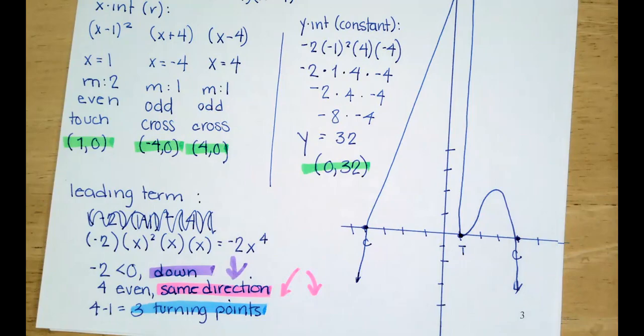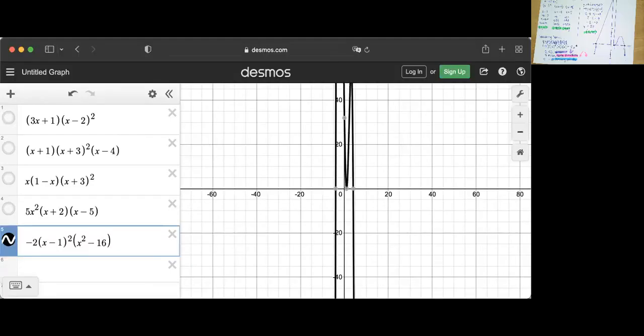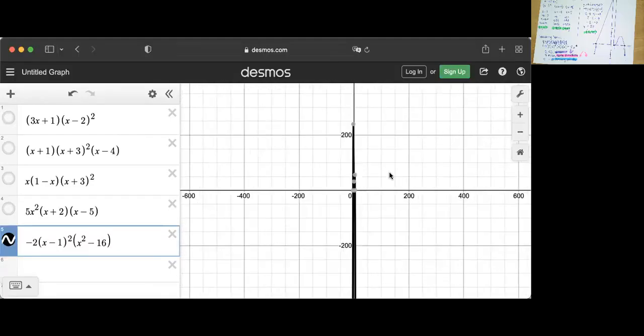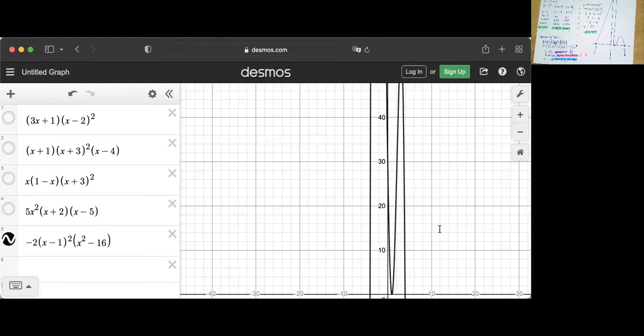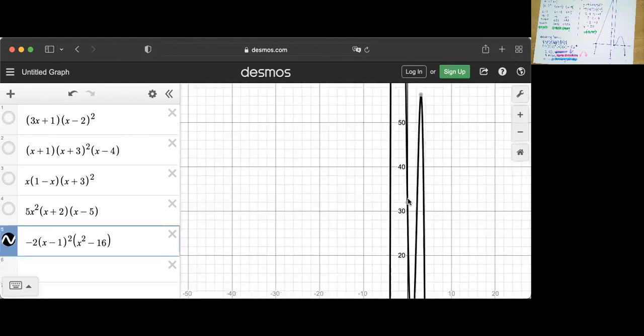Let's see what Desmos has. Very hard to see. Let's go, oh, here, we'll go to 32. It crosses at 32.